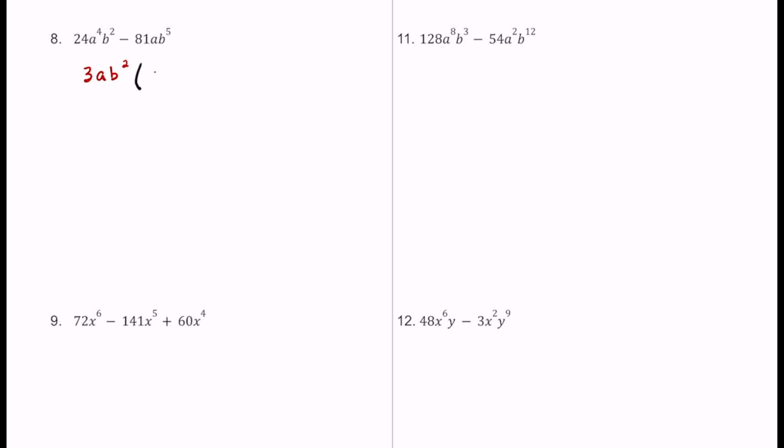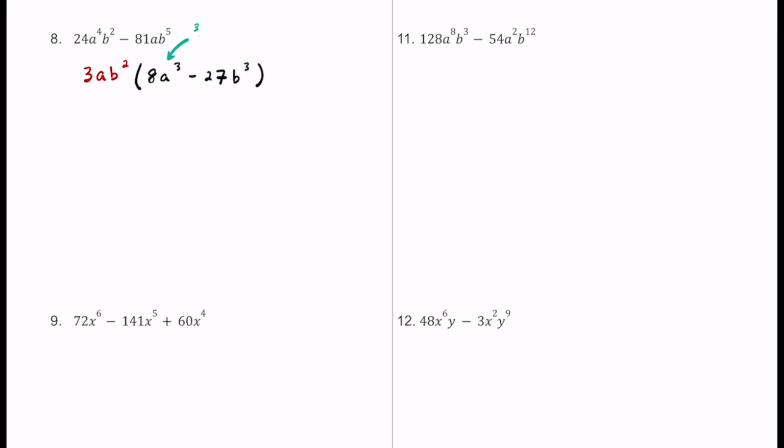If we do that, we should have 8a to the 3rd power with no more b's, and then minus 27. And I think we just have b cubed left inside. Okay, so just like I was maybe suspecting, this monomial is done, but inside here we do have a difference of cubes. So we should know what the cube roots of these are.